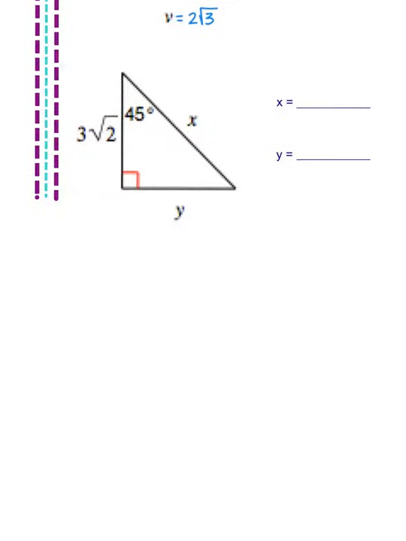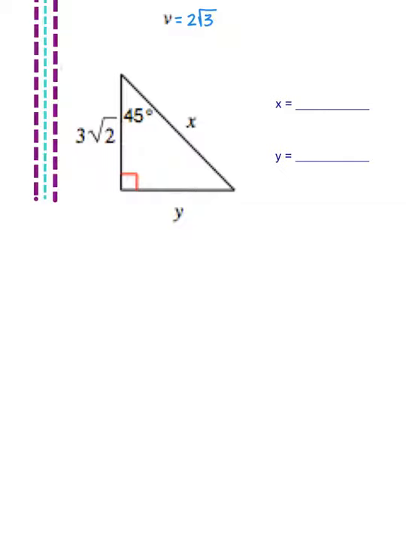Here in the next example, I've got a 45, 45, 90 triangle. Now, I'm given one of my side lengths because it's across from the 45-degree angle. So that means that my other side is going to be equal, since I know these two side lengths have to be the same, since 45 and 45 are the same. So I know my y is 3 times the square root of 2.